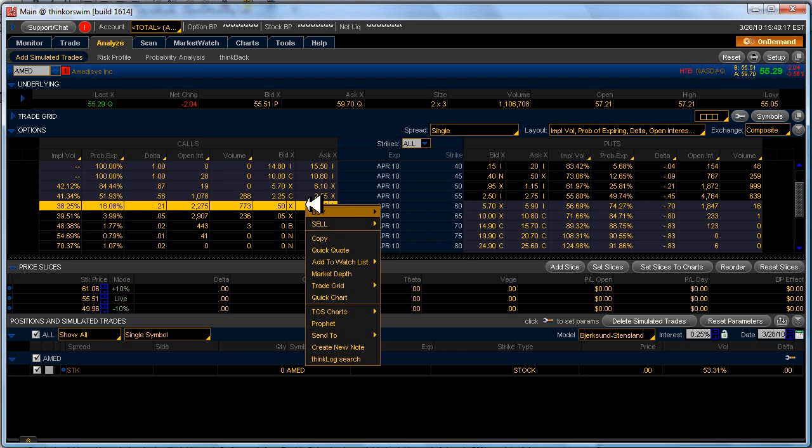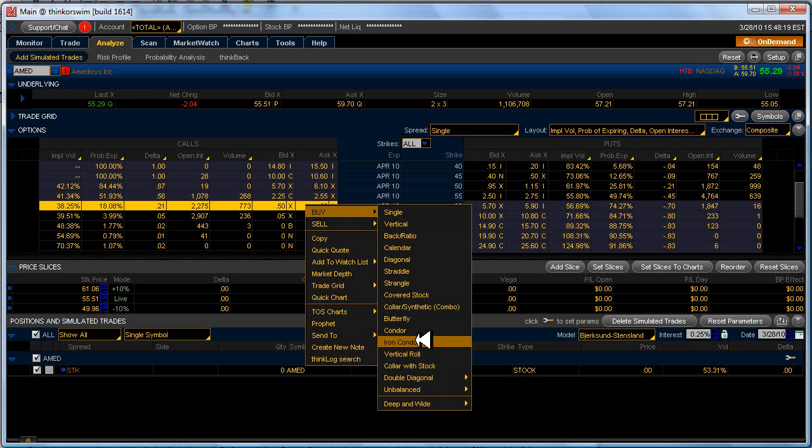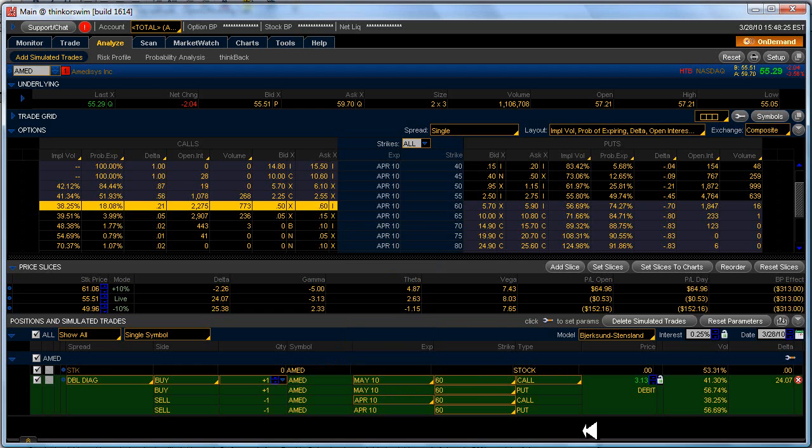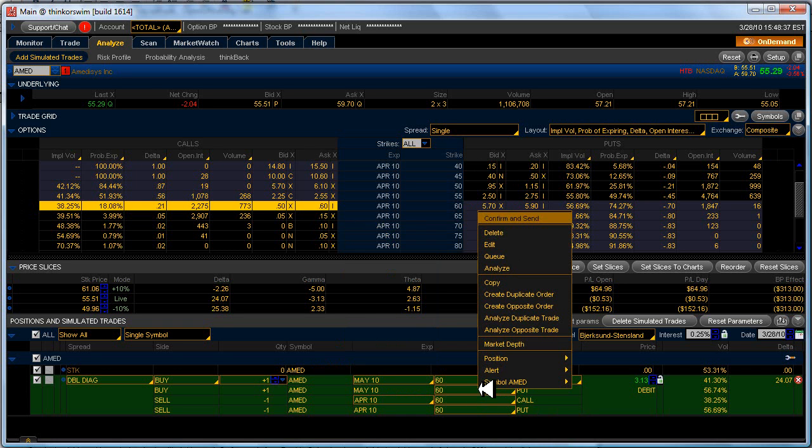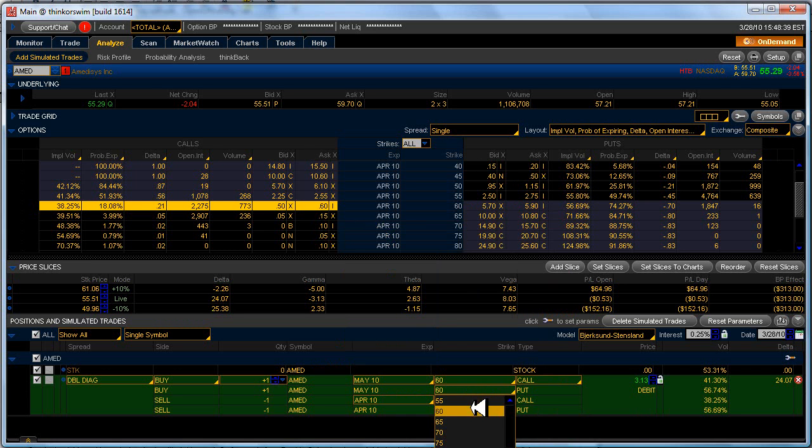So I right click and I say I want to buy a double diagonal and a double calendar. And it brings up my double calendar. Now it gives you the call and the put both at the same price. So what I usually do is I start out with the put at, in this case, a 55. So I just change this to a 55.